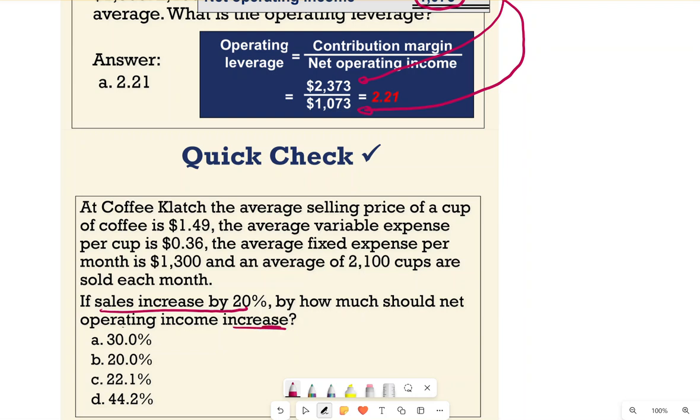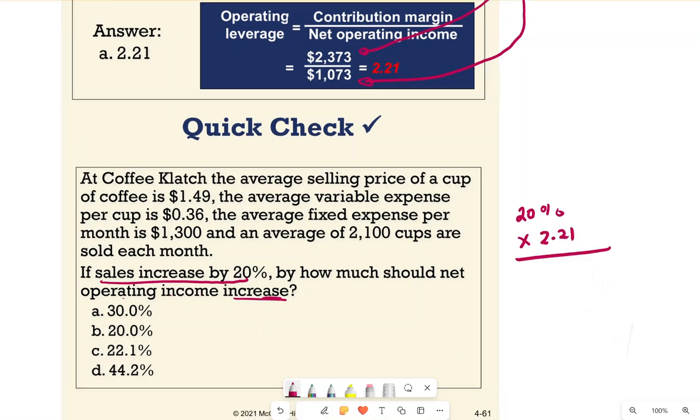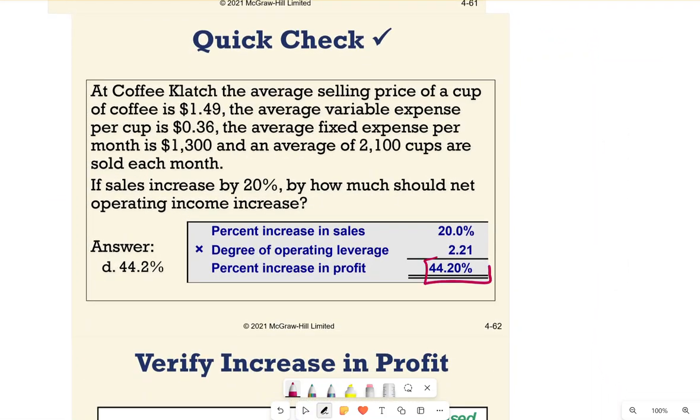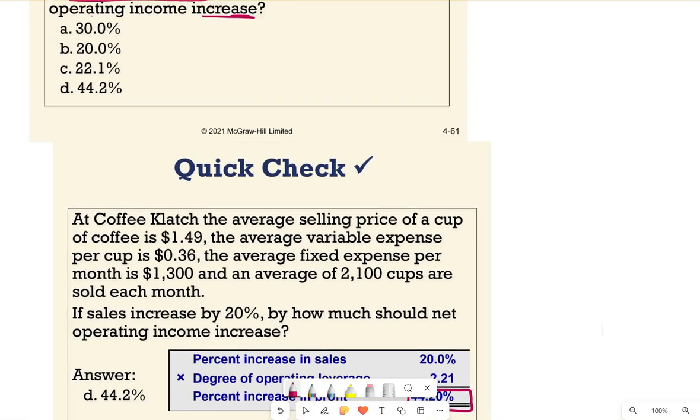So 2.21, I take the increase in sales of 20%, multiply by 2.21, and that will give you the change in operating income, and that is 44.20%.